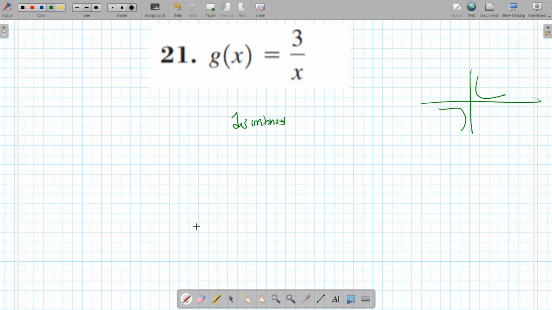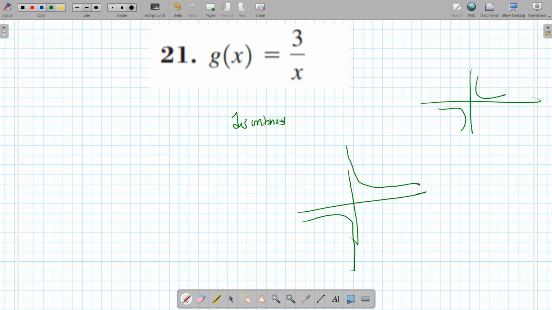And what would the 3 do? It's a vertical stretch. If the 3 was in the denominator, it would be a horizontal compression, but the 3 is on top, so it's a vertical stretch. The graph would become 3 times taller.